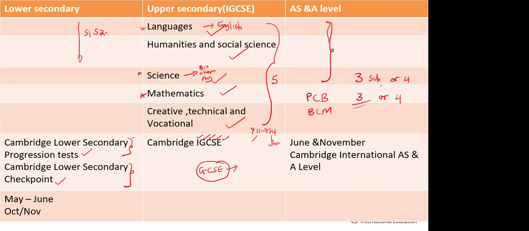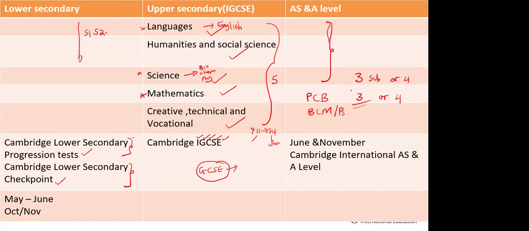But you have the opportunity to say, for me, I will do BCM and add on psychology. So they do 4 principal subjects or 3, depending on what you want. At this level, we also add what you call the general paper, like the general paper of Uganda. Also, they have a paper called the general paper that a child can add on at that level.